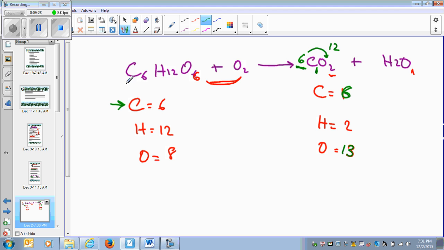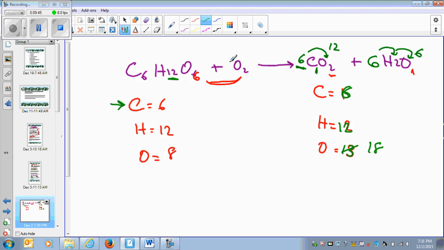The next thing I want to talk about is hydrogen. I have 12 here, so multiply this with 6. It gives me 12 hydrogens. But this also multiplies with oxygen to give me 6. So now I have 12 plus 6, 18 oxygens.